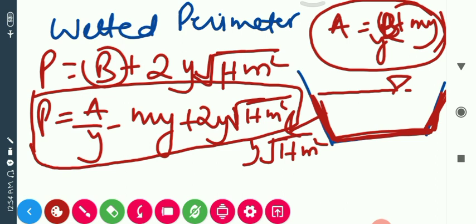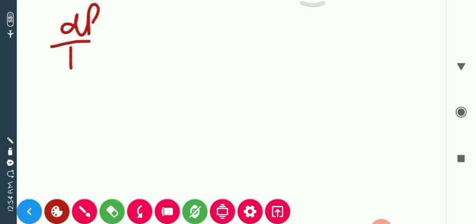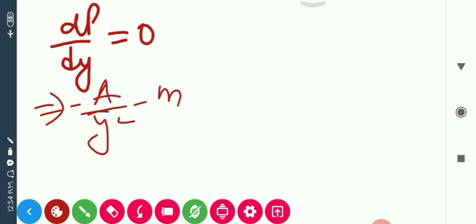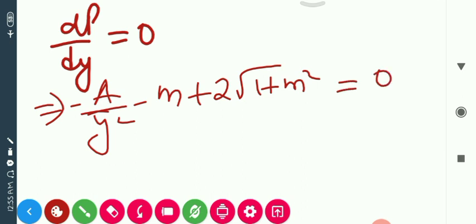Okay, now we will differentiate this wetted perimeter with respect to y. So dP by dy equal to 0 gives minus A by y square minus m plus 2 under root 1 plus m square equal to 0.